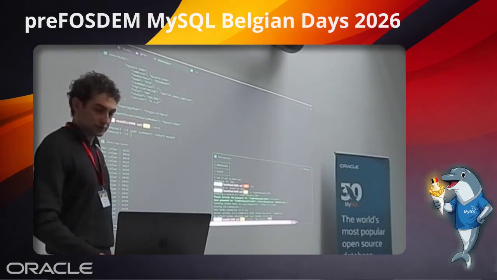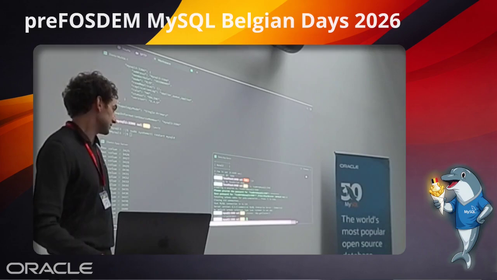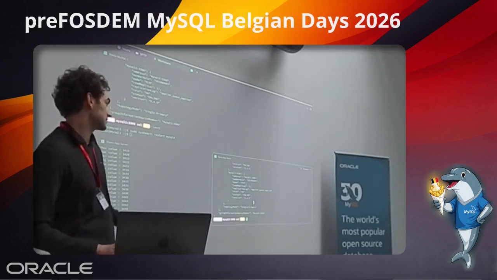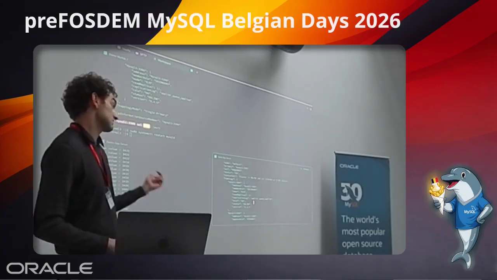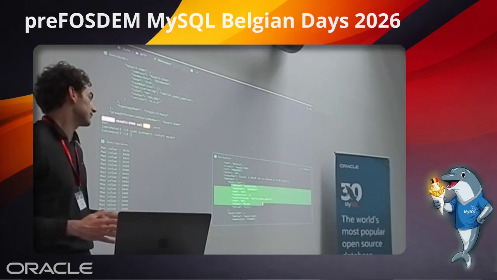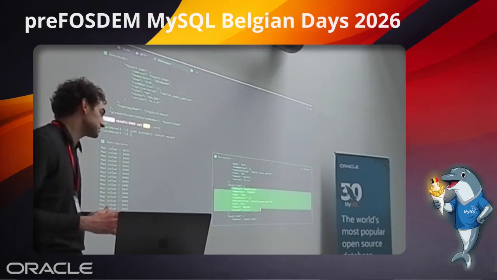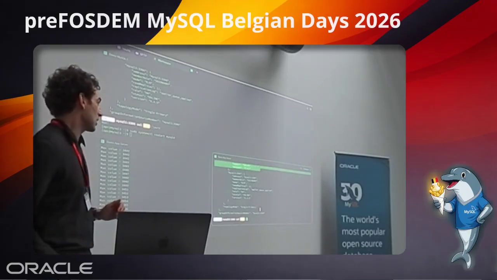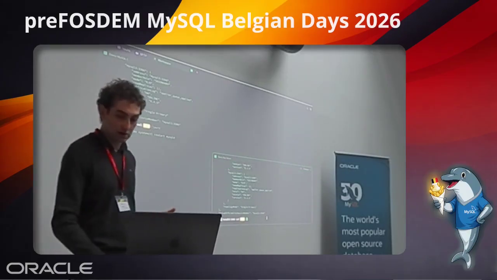So dba.getCluster and the cluster status. So basically this is the proof the failover actually happened. No one is amazed here.